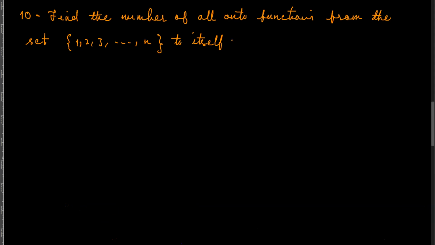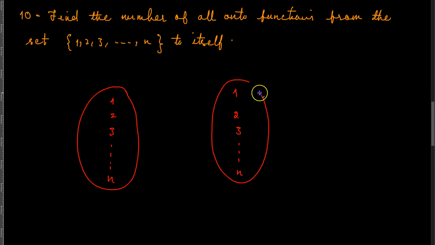Basically, if you have this set over here, 1, 2, 3 and so on all the way up to n, and suppose that this is the domain of your function, and you have the same set over here, 1, 2, 3 all the way up to n, and this is your codomain of the function.